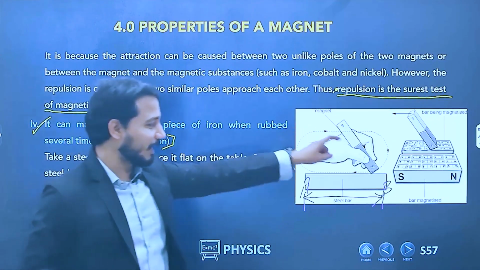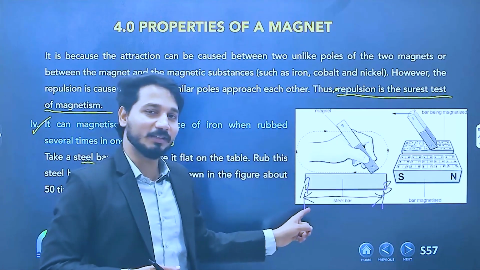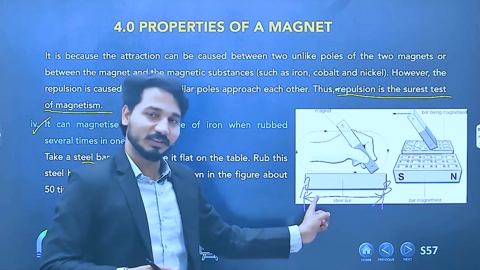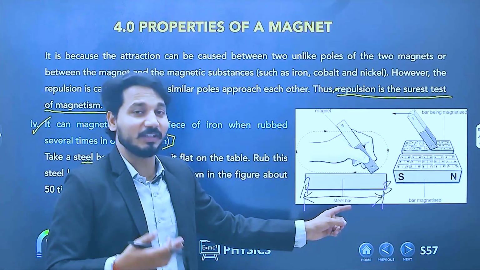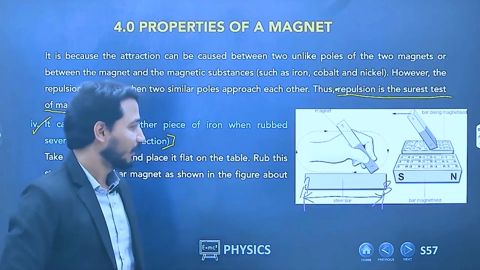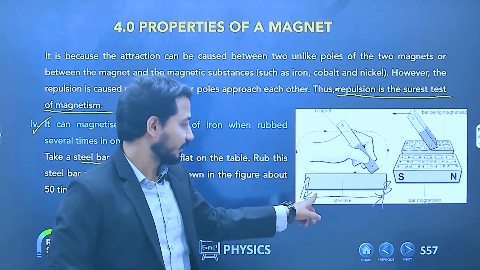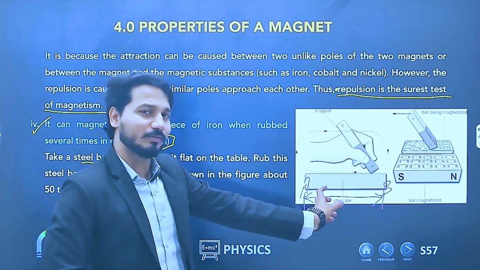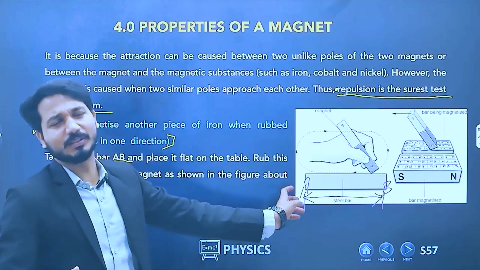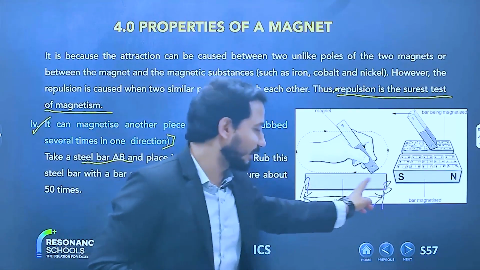If you take an iron bar whose length is AB, this AB can be 6 centimeter, 10 centimeter, 15 centimeter, 20 centimeter, whatever you want. Assume we are taking a length of 10 centimeter.